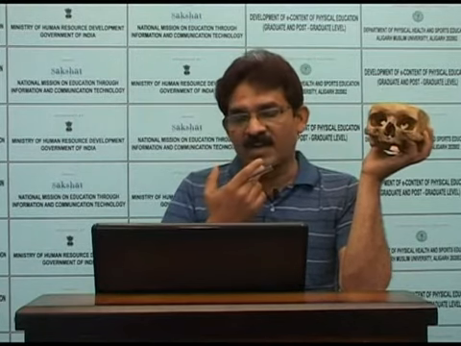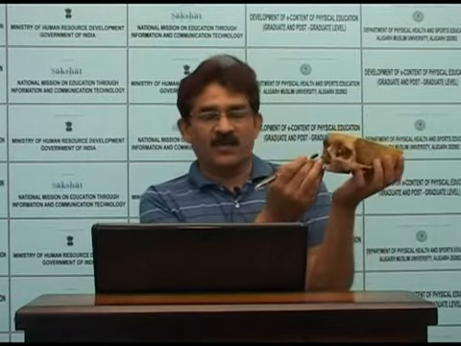Here we can see the mandible, and these are the mandibular joints, seen on both sides. This is the mandibular bone, and this is the zygomatic bone.